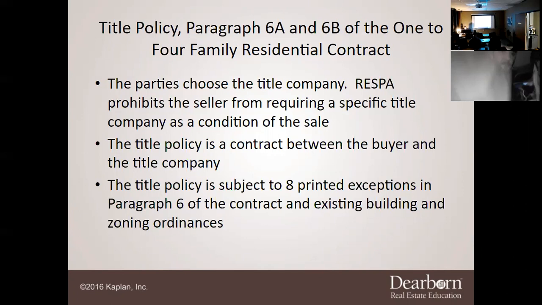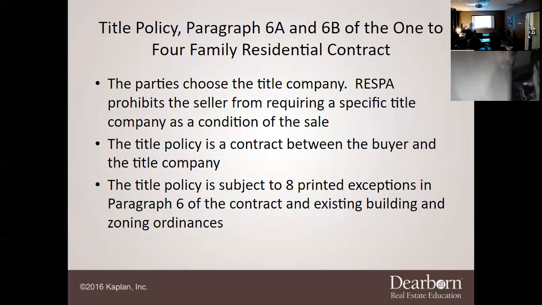A seller cannot say, I will not close unless I use this title company, period. Not acceptable. The title policy is a contract between who? The buyer and the title company. So if the seller dictates who the title company is going to be, they're dictating the contractual relationship between a buyer and a title company, which is against the law.